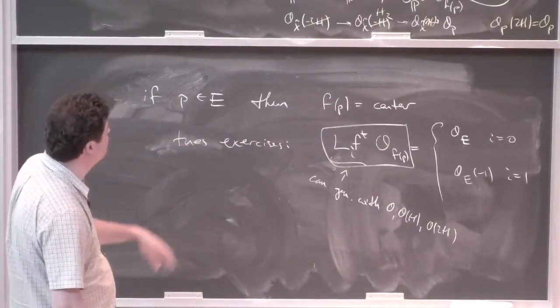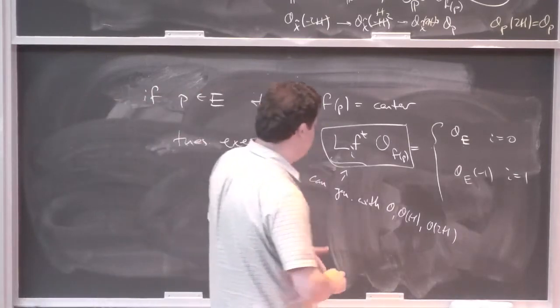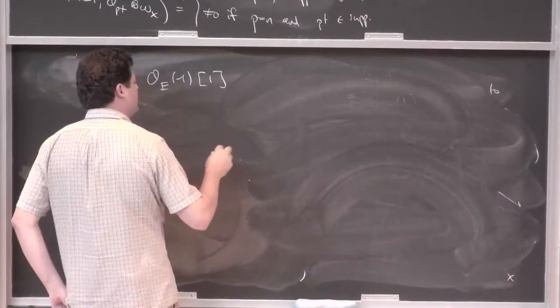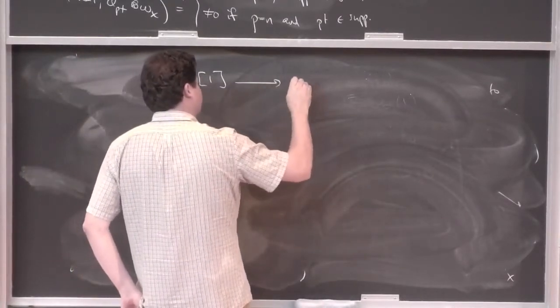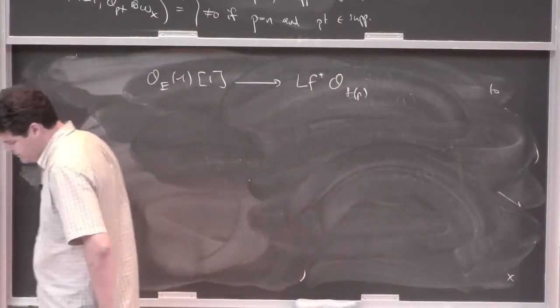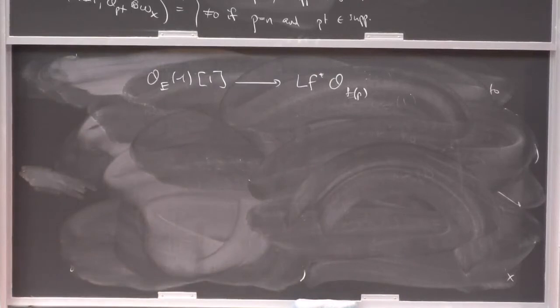And so what can we do next? Now we have OE minus 1 around. Right, so we have a map from OE minus 1 shifted by 1 to Lf upper star O f of P. So I think Sasha explained very early on that a complex always has a map to its last cohomology and from its first cohomology.